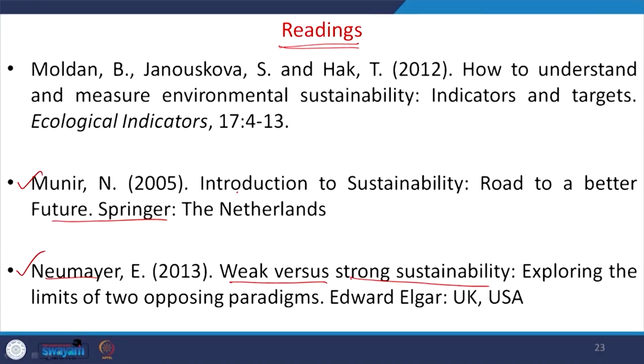The first gives the detail of the sustainability concept, and the second will be helpful in understanding the typologies of sustainability, or the two paradigms of sustainability, weak and strong sustainability. And in the next lecture we will be discussing how to measure the different indicators for environmental sustainability. First we will discuss the Environmental Performance Index, and second the ecological footprint, as indicators of environmental sustainability.